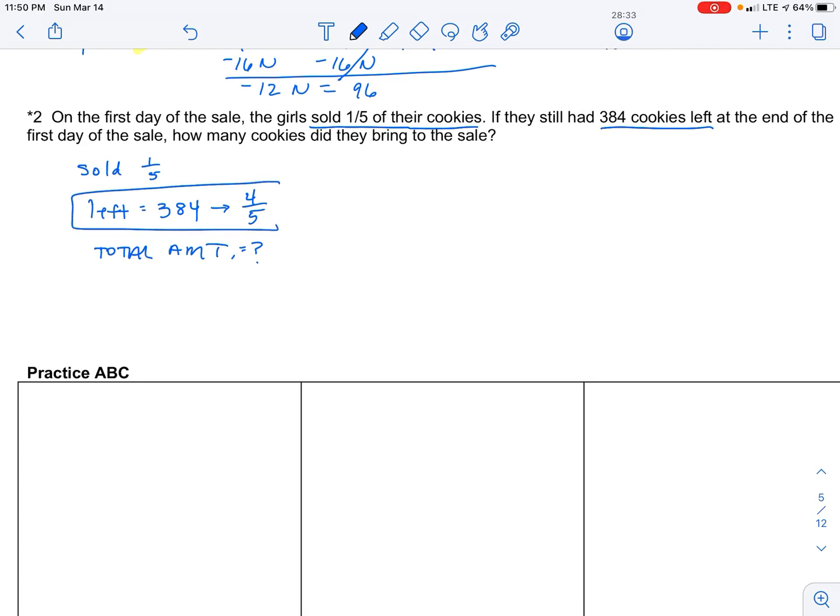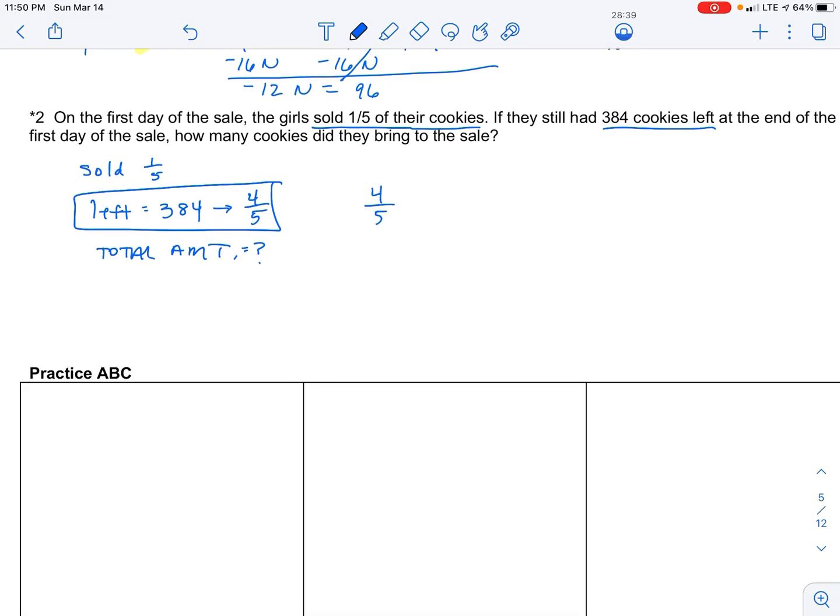This is the information we have that we can put together in our equation. So 4/5 of the total, right, is what is left, which is 384. 4/5 of the total is 384. So we have something we can solve here.